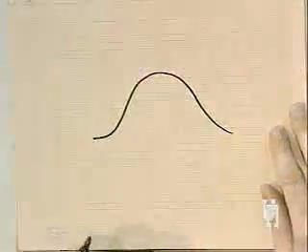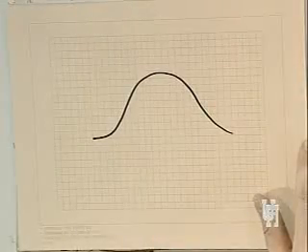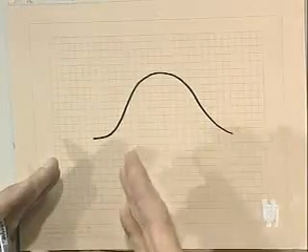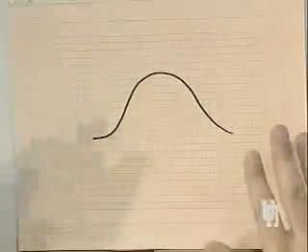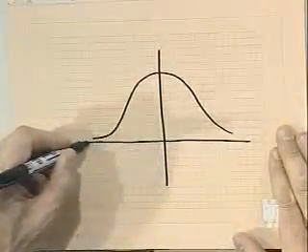Let me, having said those few things, overview the logic of hypothesis testing. We return to the sampling distribution of sample means. We could also be talking about a sampling distribution of sample proportions, but we return to the sampling distribution of sample means.